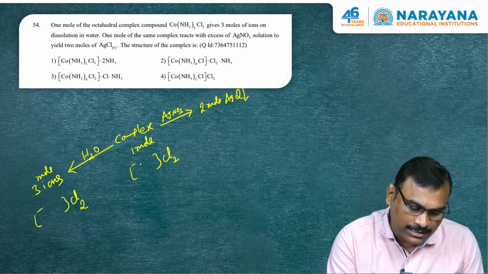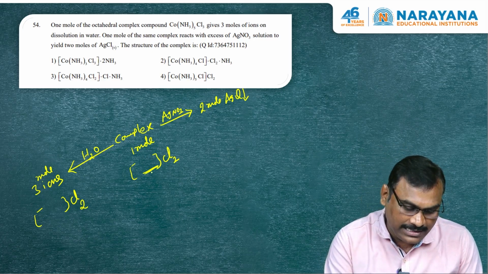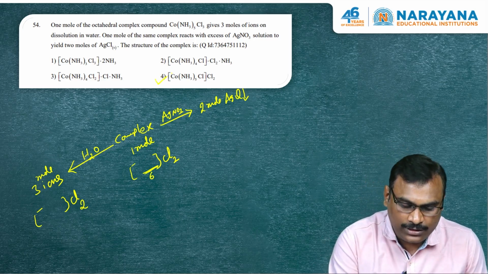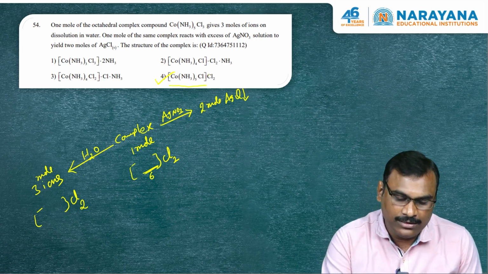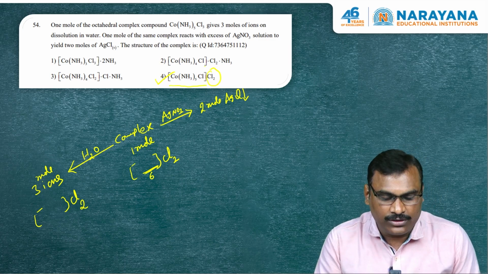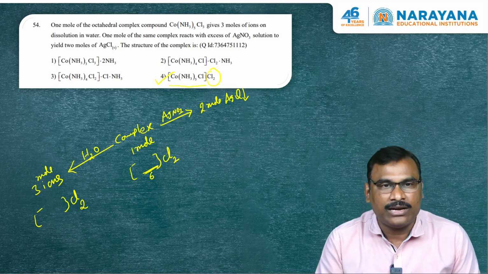and it is an octahedral complex. Because all are given as monodentate ligands, the coordination number should be 6. So the better option is the fourth option, because the complex is 1 ion and the ionizing sphere has 2 chlorines. This complex 4, when dissolved in water, gives 3 moles of ions from 1 mole of the complex.